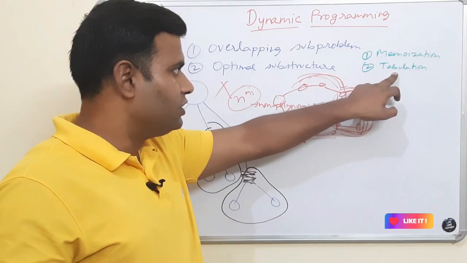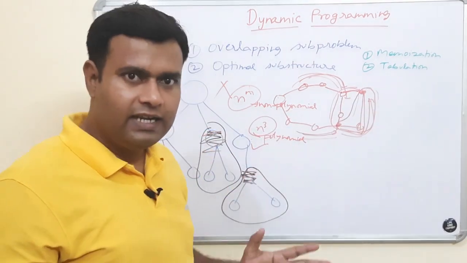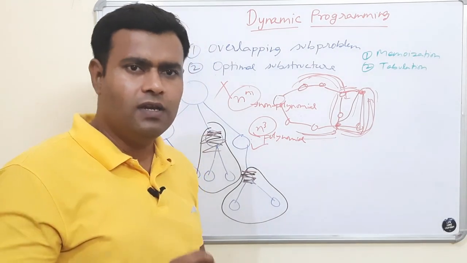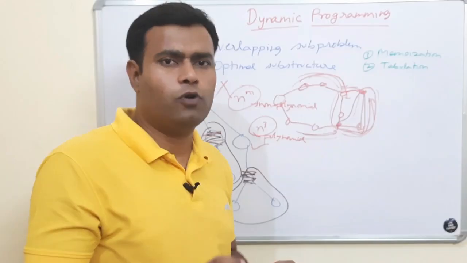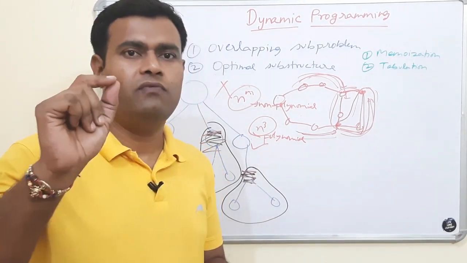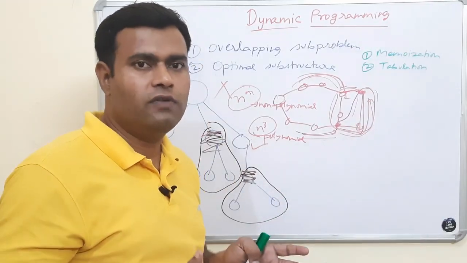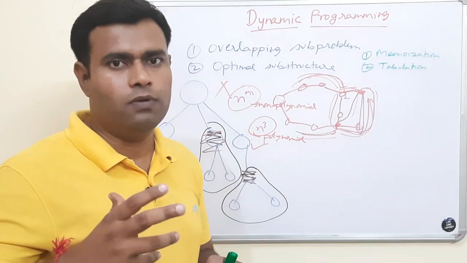In case of tabulation, we are creating a table and building the solution from bottom to top, meaning solving the smallest subproblem, and then we move forward and use those stored values for solving the bigger problem.